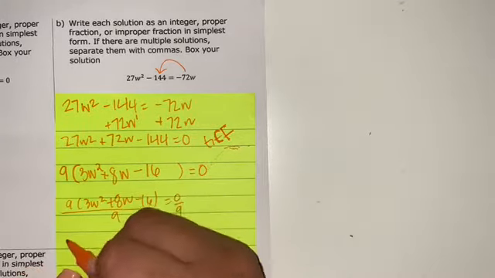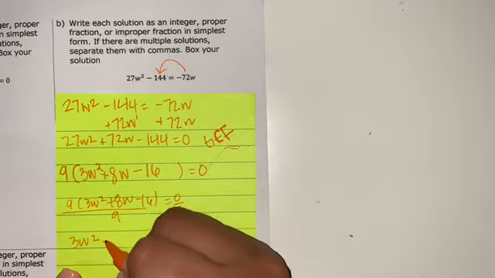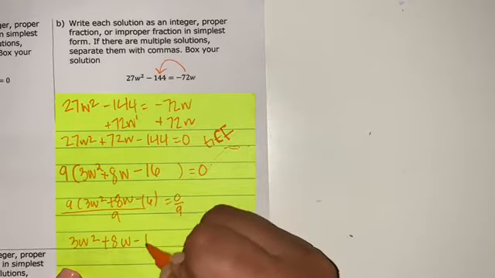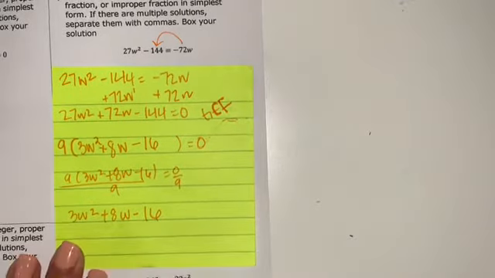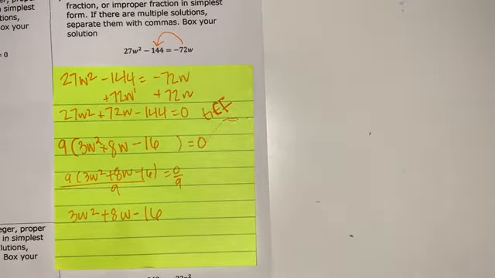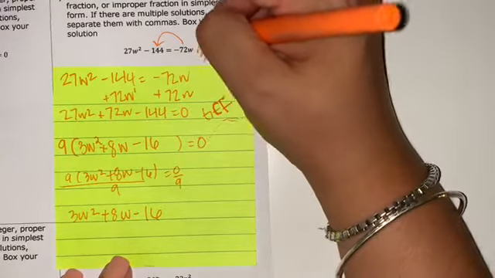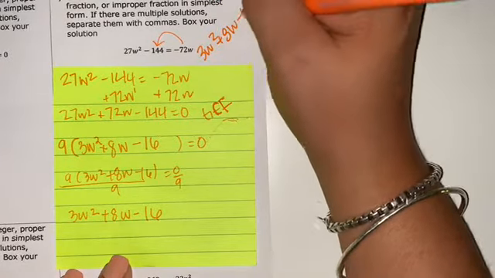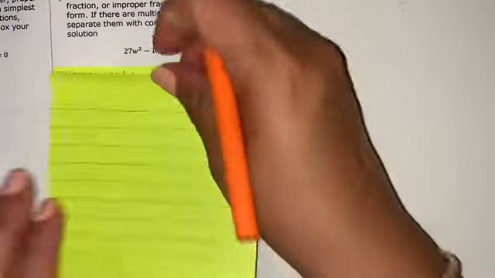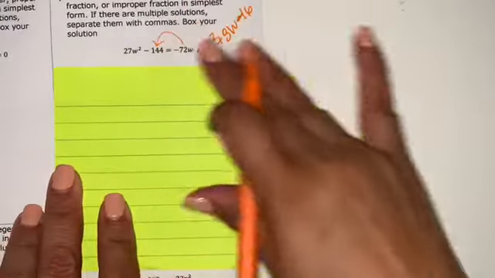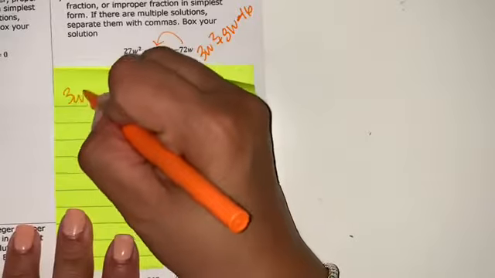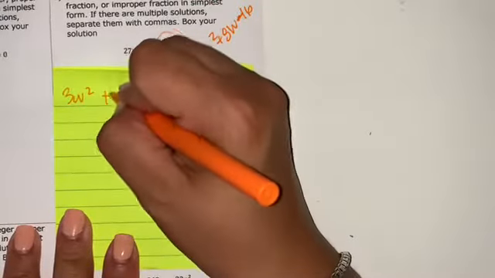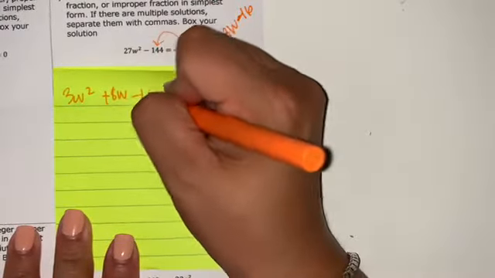So then you're left with a new equation, 3w squared plus 8w minus 16. The next step is to take that new equation, 3w squared plus 8w minus 16 equals 0, and factor it.